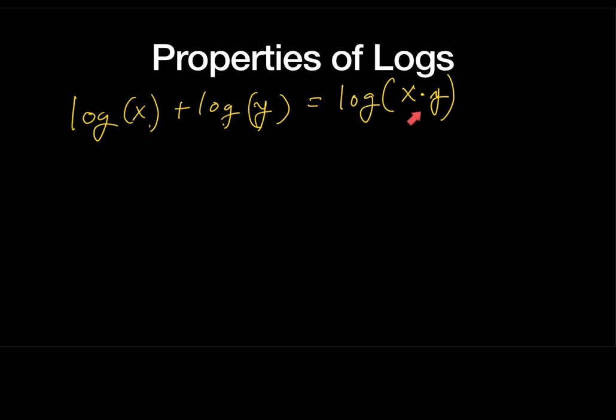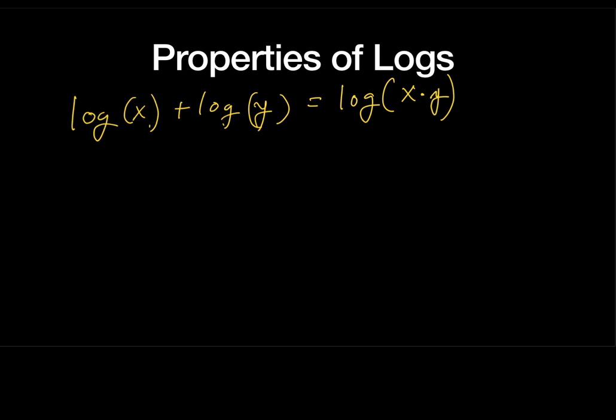Sometimes I'll have this, and I'll separate it back out. But just like when we had exponents, same bases. Are these same bases? Yes, they are. Logarithms that are added can be combined to multiply. With exponents, when you had the same bases and multiplied, we added the exponents. So again, logarithms and exponents are the same. You just have to think about them in reverse order.